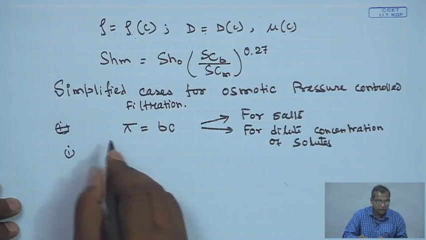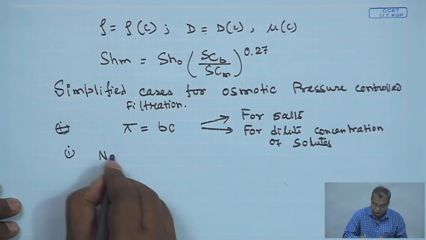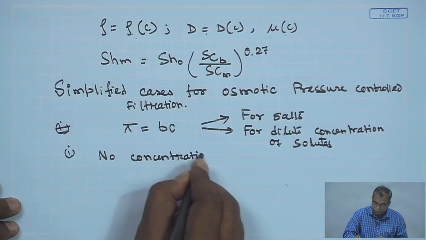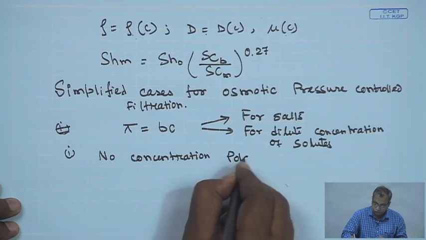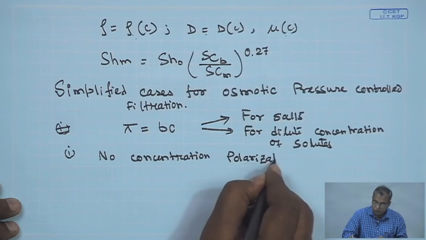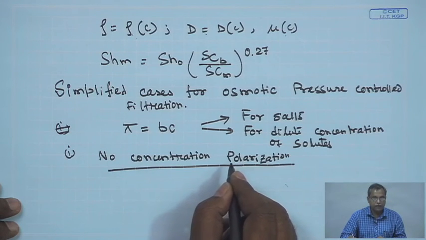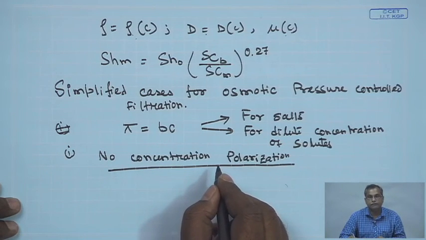First, no concentration polarization. Concentration polarization can be neglected if someone has very high turbulence in the system. If the turbulence in the system is very high, then the mass transfer boundary layer thickness will be gone, and the whole mass transfer boundary layer will be properly mixed up.